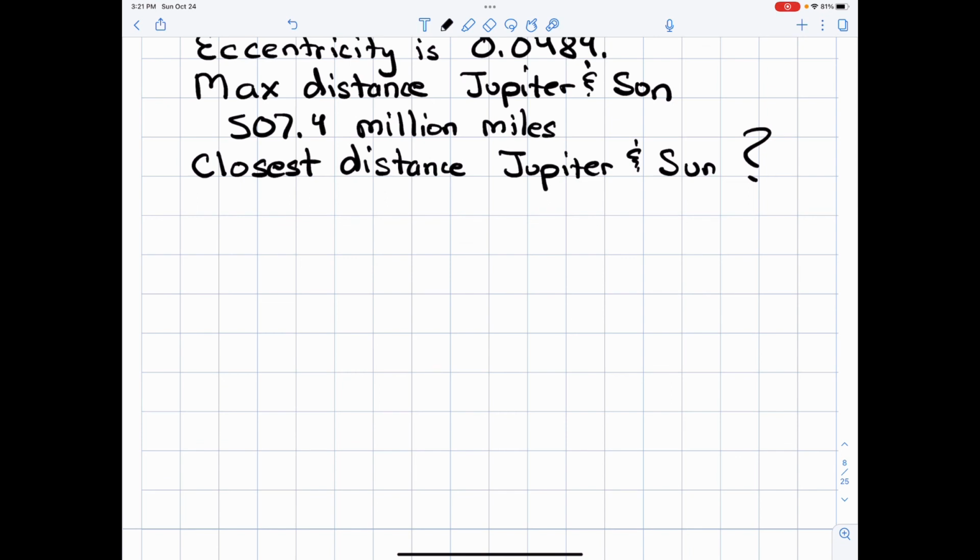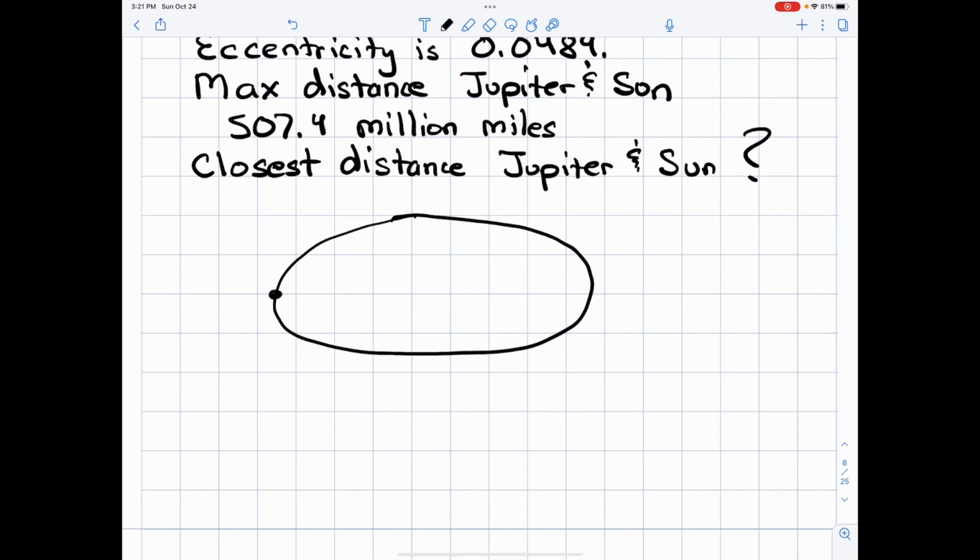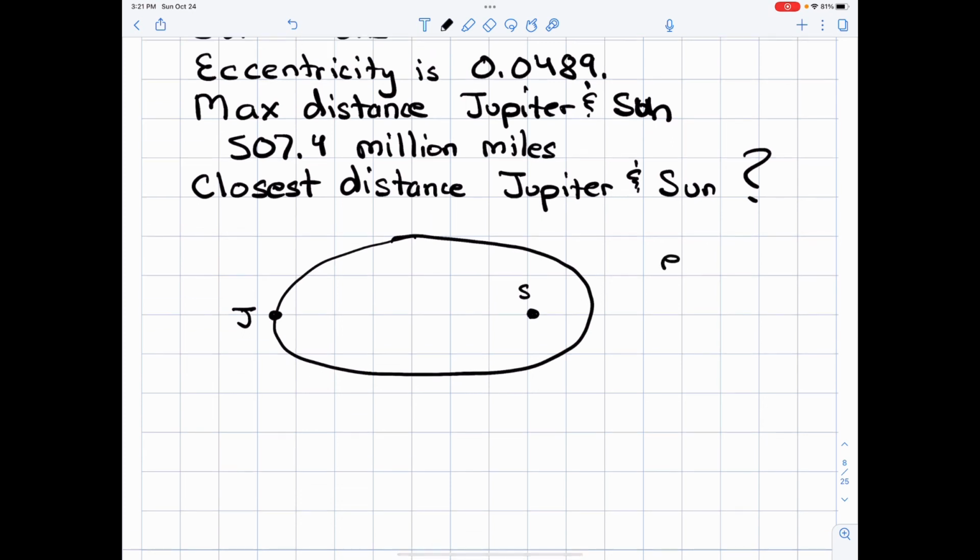Okay, so we can draw a little image to help us visualize what's happening here. Okay, so I'll use J for Jupiter, S for Sun. Man, I wrote that so fast I spelled Sun S-O-N. S-U-N, not S-O-N. We know the eccentricity, which is C over A, is 0.0489.